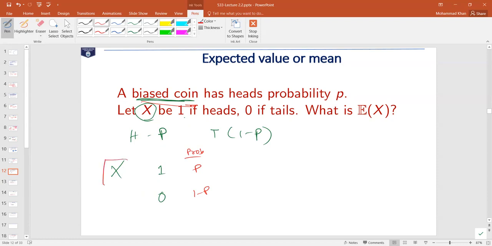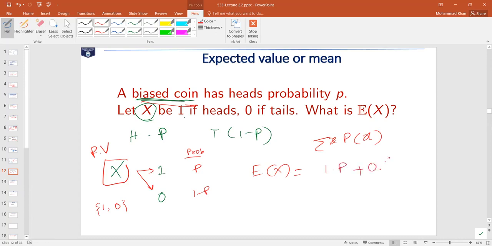So for this random variable x, we have 2 outcomes, 1 and 0, and these are the probabilities. So what will be the expected value of this variable? It is the sum over all the values of x times the probability of x. So we'll have 1 times p plus 0 times 1 minus p, which is basically p.